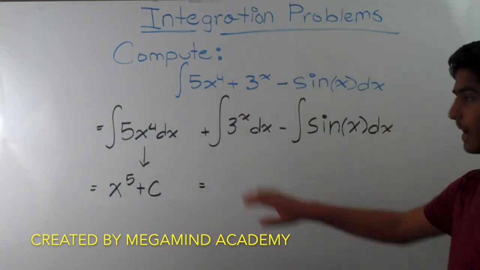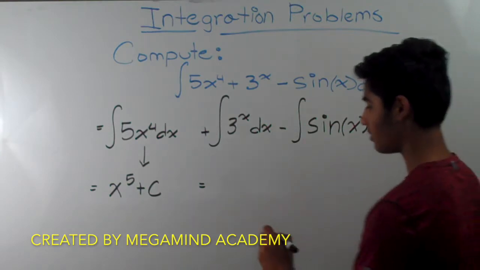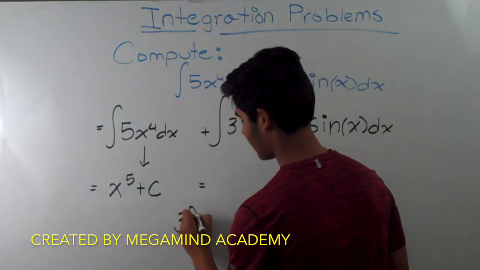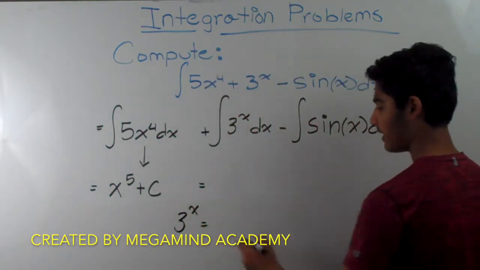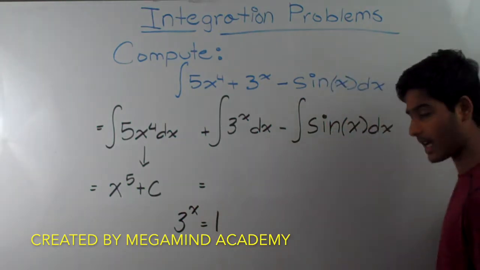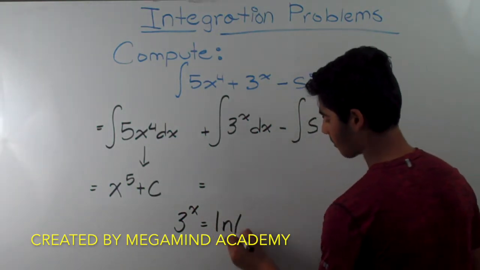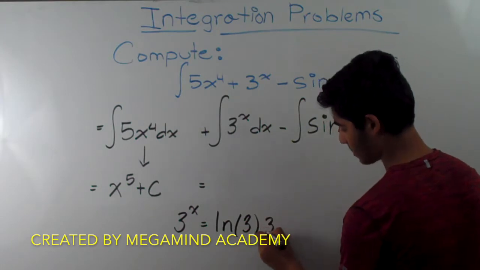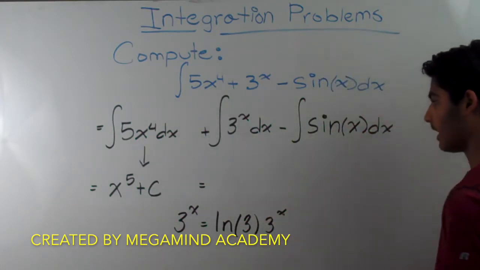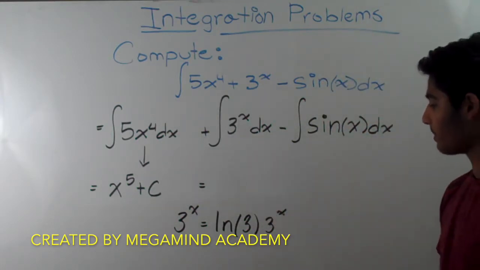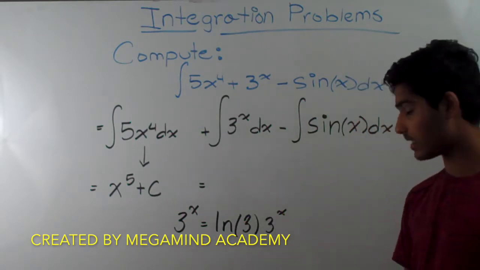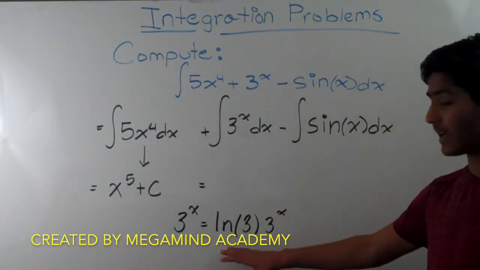So here we have to go back and remember what happens when you have the derivative of 3 to the x power. The derivative of 3 to the x power would be the natural log of 3 times 3 to the x power. Here we have just 3 to the x power, and because we know that natural log of 3 is a constant, we can divide by this constant.